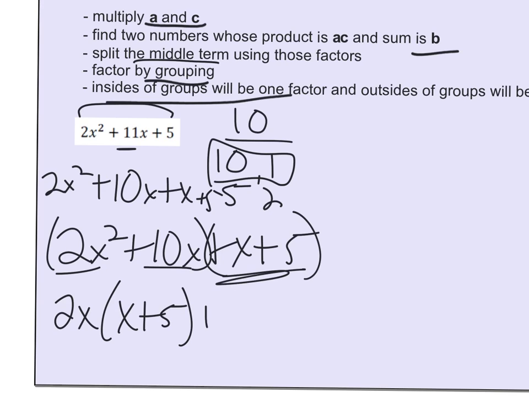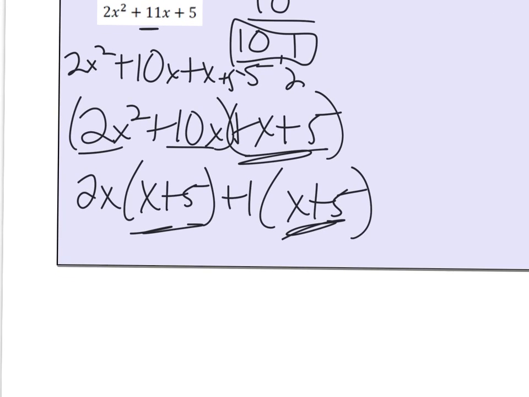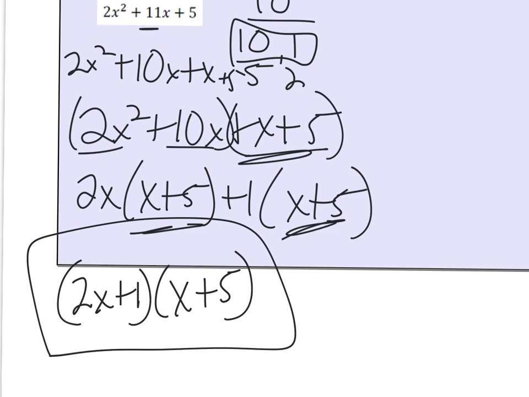Here, nothing in common, so I pull out a 1, x plus 5. Then notice, these two are the same. So I'm going to put together what's on the outside, 2x plus 1, times what's on the inside, x plus 5. There's my final solution.